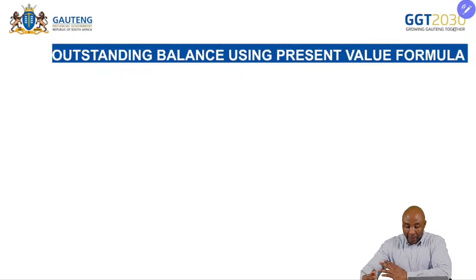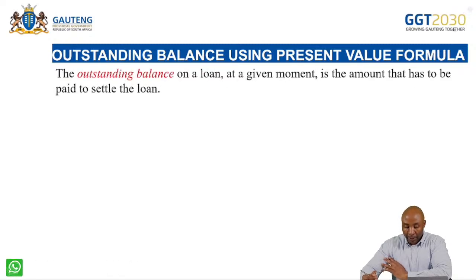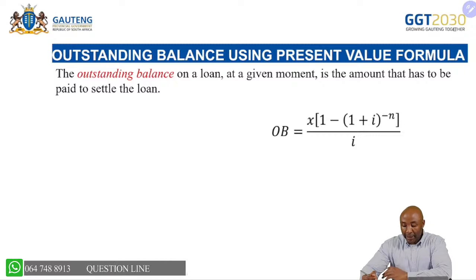And there's an alternative where we use the present value annuity formula. But now on this one, our N represents the number of payments that are yet to be made. It's not the payments that are already done, but the payments that are yet to be made.